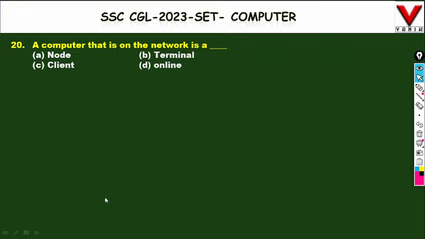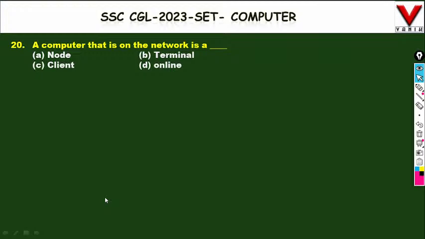When we connect computers in a network, each computer is called a node. Terminal is a connection point always connected at the end of a host processor.